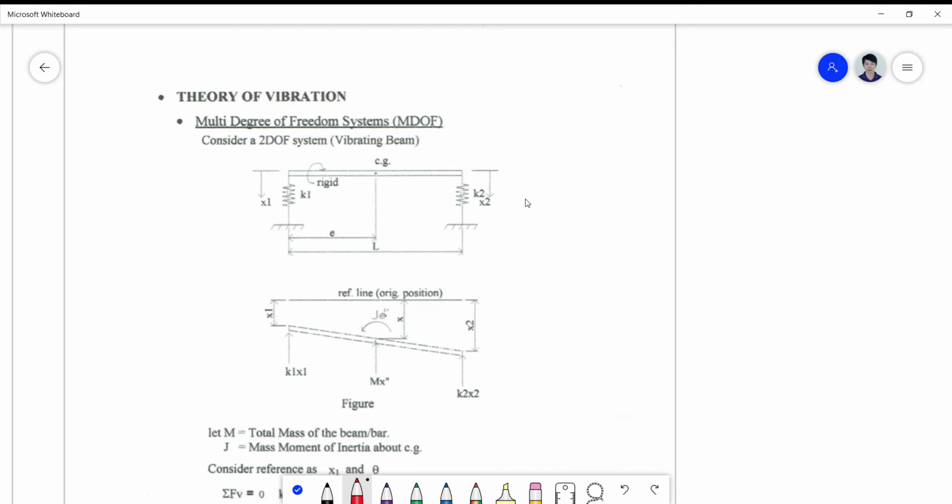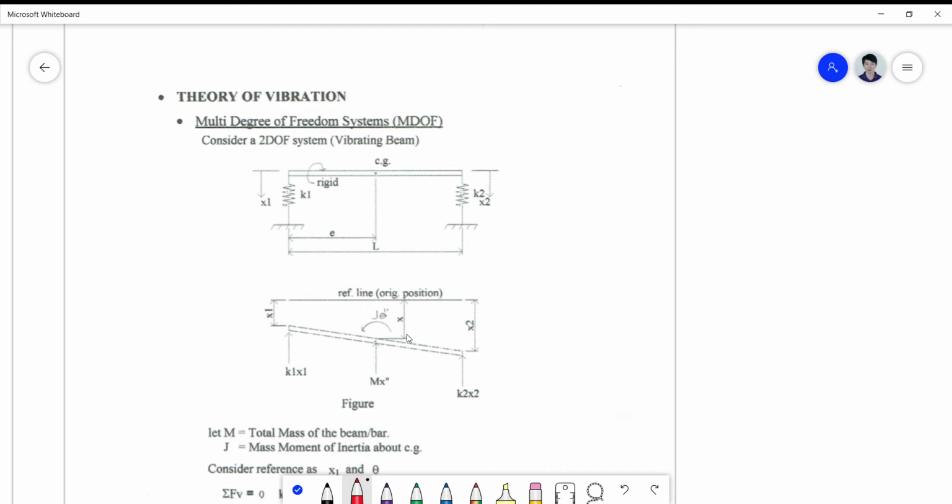So to come up with a solution of an MDOF system, we need to simply take again the free body diagram of the rigid bar, or the rigid beam in this case, which is attached to the spring. And for simplicity, we first neglect the damping force on the system.